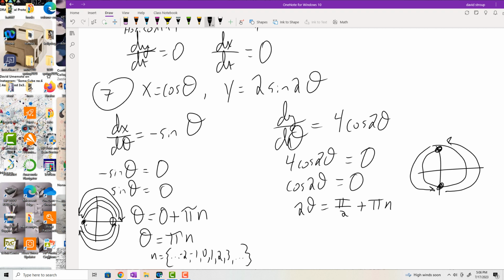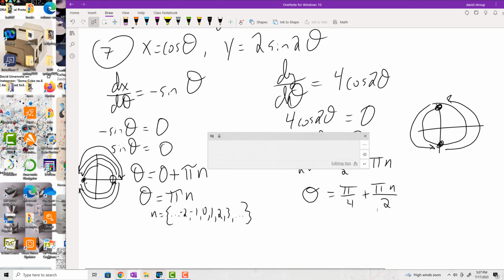Okay, but if you put that expression as is into cosine of 2 theta, it's not going to work. What you need to do is then divide both sides by 2. So this will be pi over 4 plus pi n over 2. Okay, so you may need to review a bit of trig in order to stomach that.